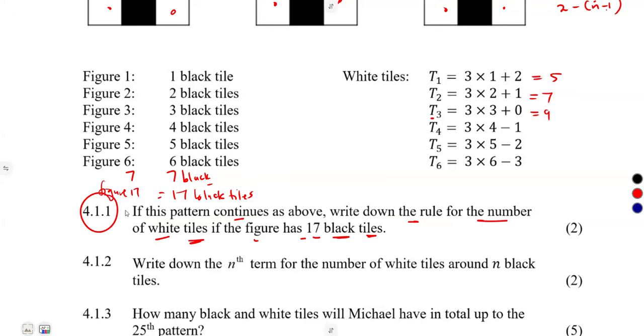Was figure 17. So figure 17 here is going to be written as T17. T1, T2, and so on, which is equal to 3 times, remember this corresponds to the term that you are working with. 1, this is 1, 2, this is 2, this is 3, and so on. So as we are referring to 17, that's 3 times 17.